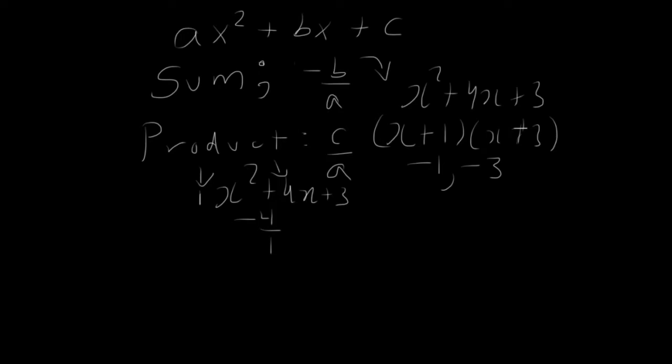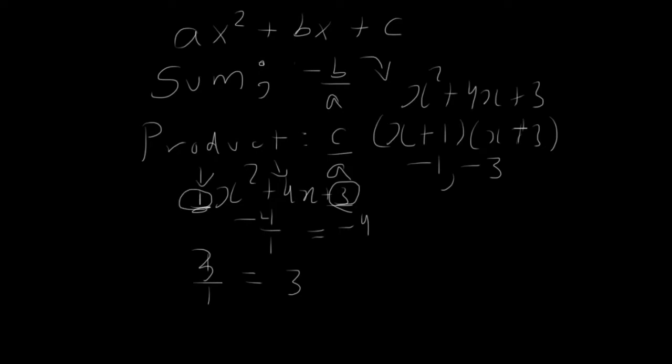It's going to be negative 4, and the product is going to be 3 over 1, which is equal to 3, because 3 is the c, and 1 would be the a.